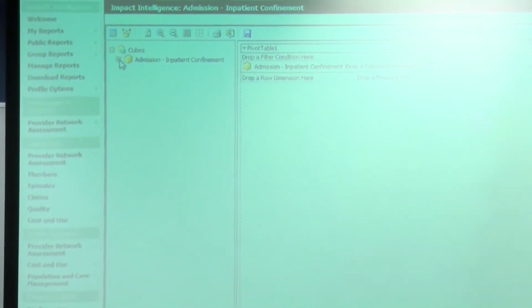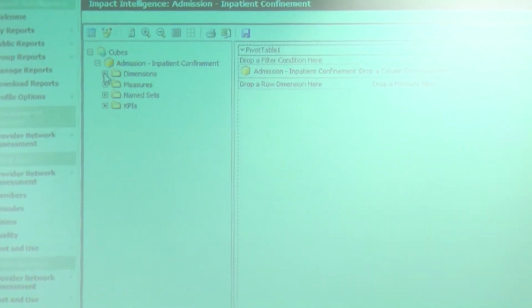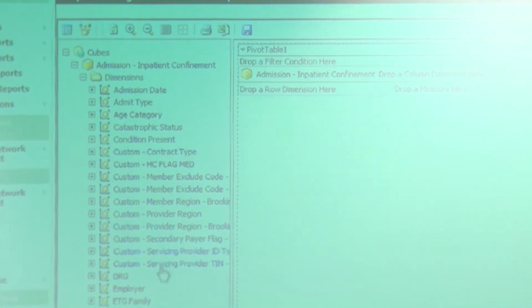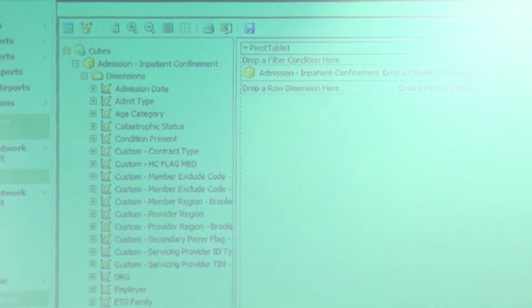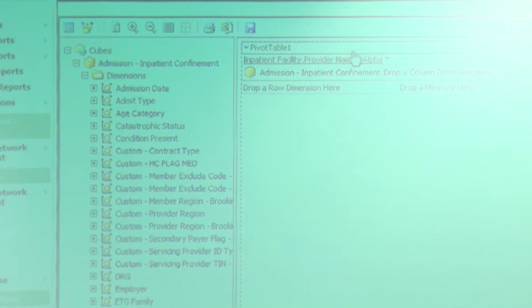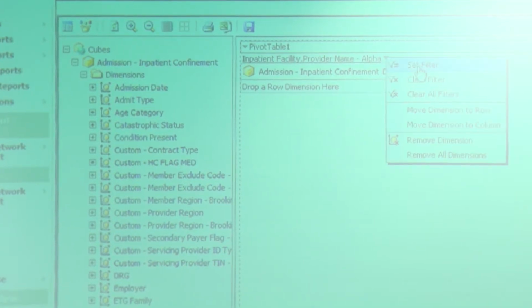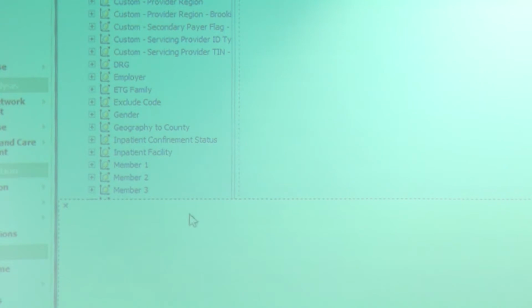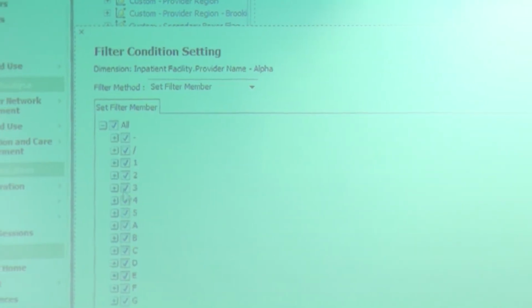First thing I would do is I'm going to stick Mercy up at the top in terms of a filter. So I'm going to come down here and say, here's my inpatient facilities, make them a filter. Then I'm going to filter it just for Mercy. And then I can throw in any measure I want, and it'll be just Mercy's measures.